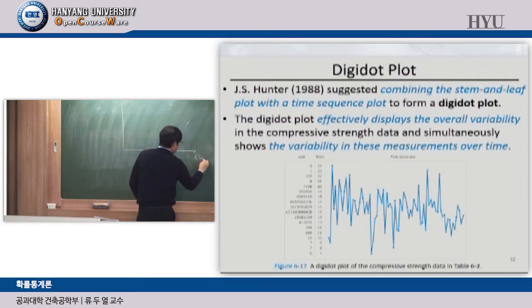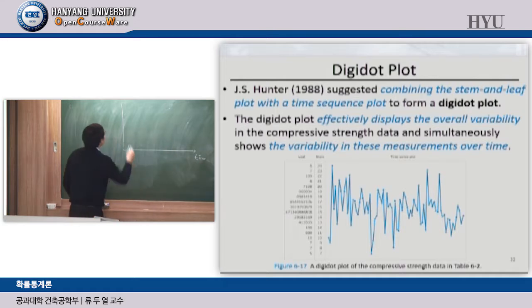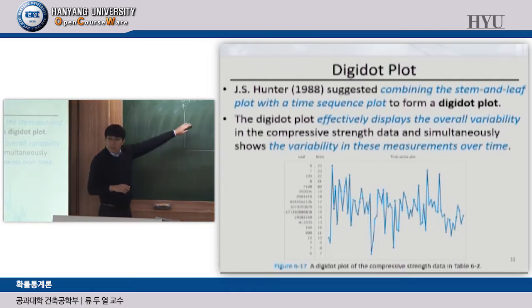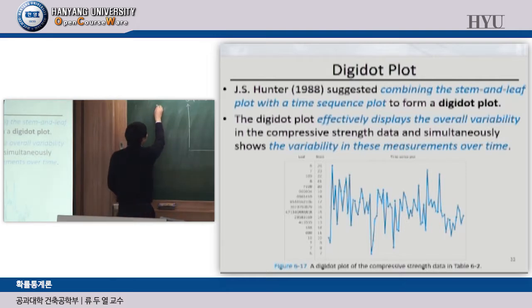This is the time, okay? And this is the compressive strength. Okay? And this is for the time sequence plot. And also, we can draw this stem and leaf diagram here, okay?